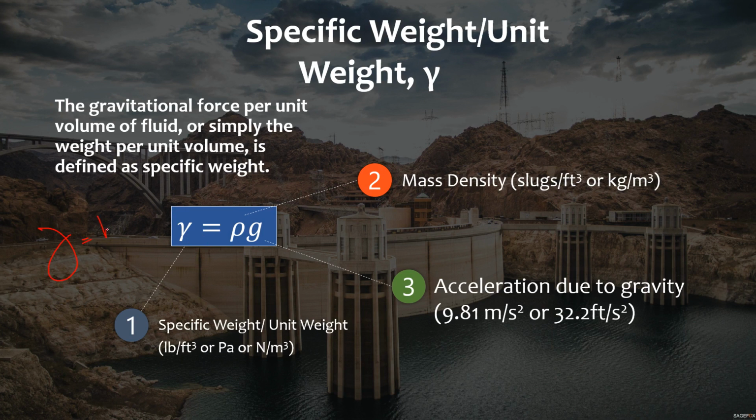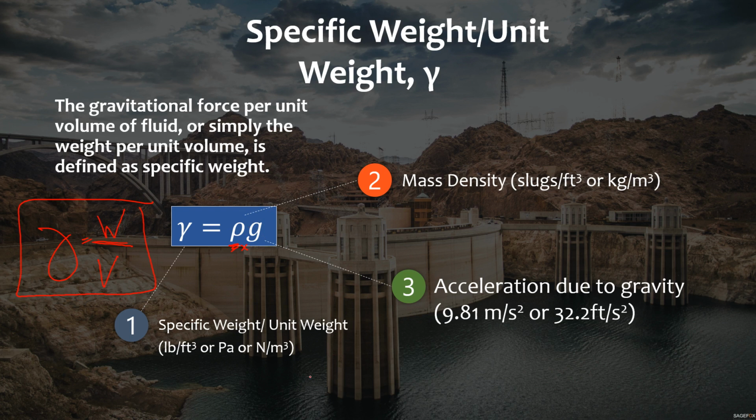Okay, kung given yung unit weight, yung weight, okay, which is in the unit of Newton or in pounds, per unit volume, yan din yung inyong unit weight. Or simply, if we have the mass density rho, multiplyan mo lang ng g. Okay, yung acceleration due to gravity para maging unit weight siya.